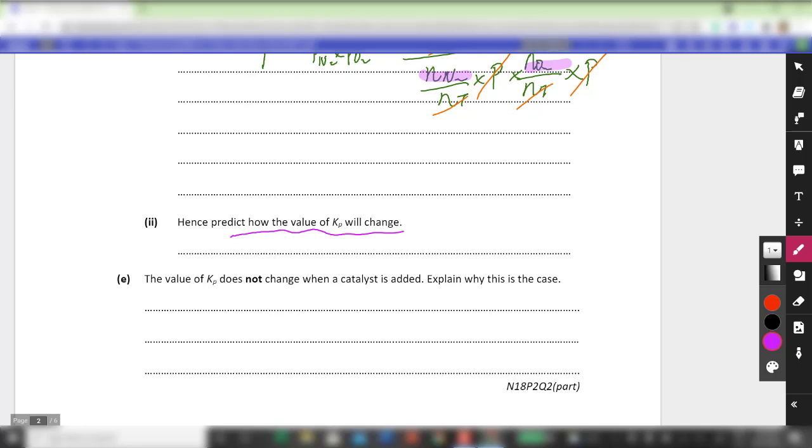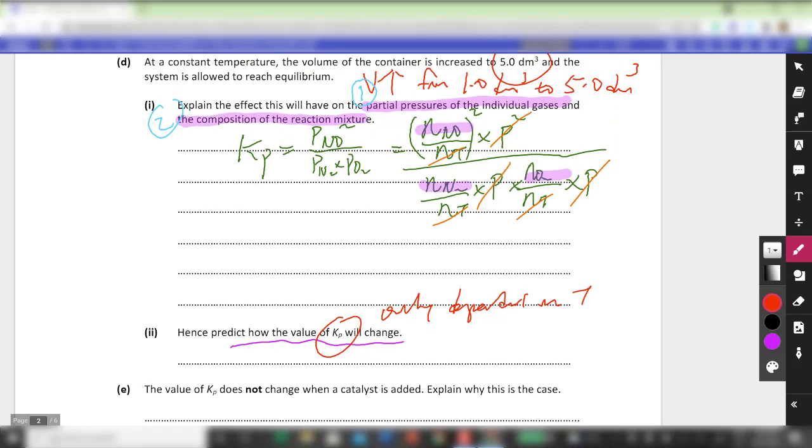I think this can be answered very easily because Kp is only a temperature dependent variable. So no matter whether you up the pressure, you down the volume, you add reactant or what, it won't affect the value of Kp, because whatever stress you introduce to the system, the position of equilibrium will shift in a direction so as to mitigate the stress being introduced.